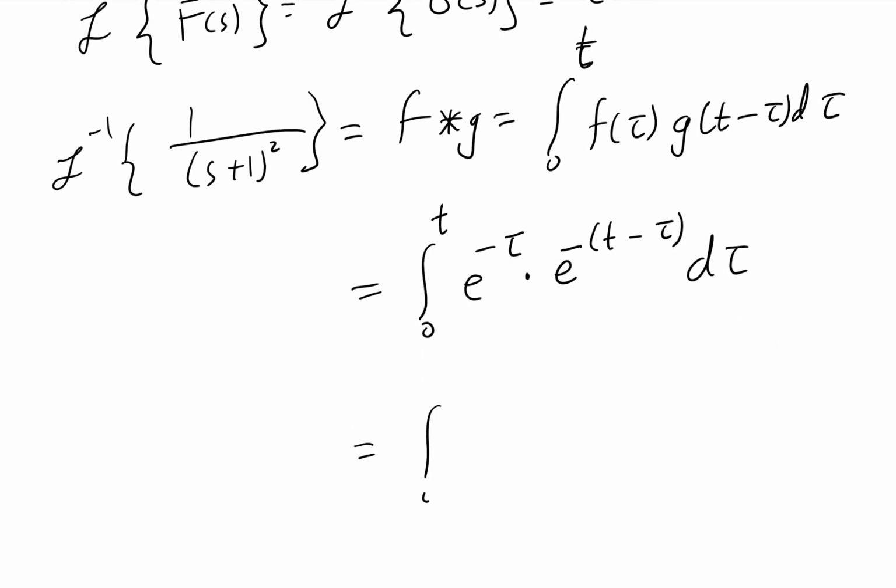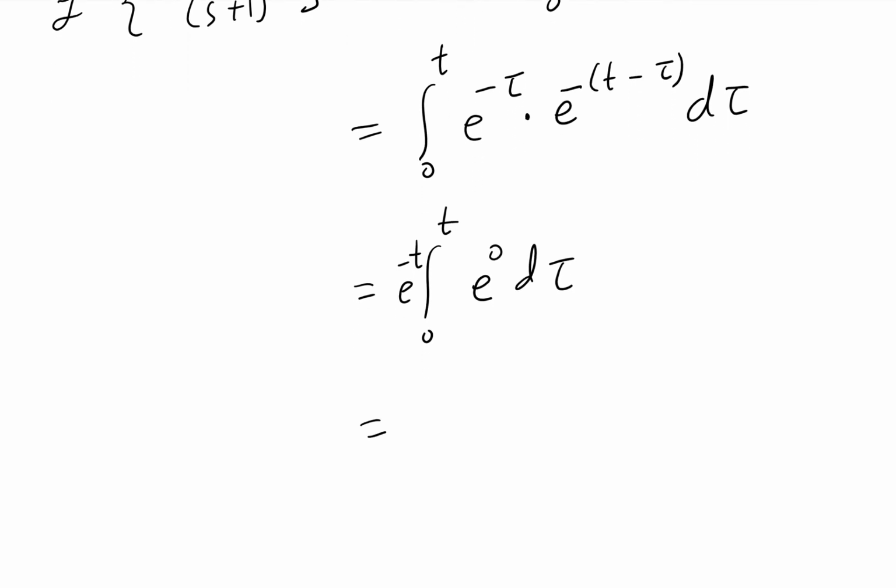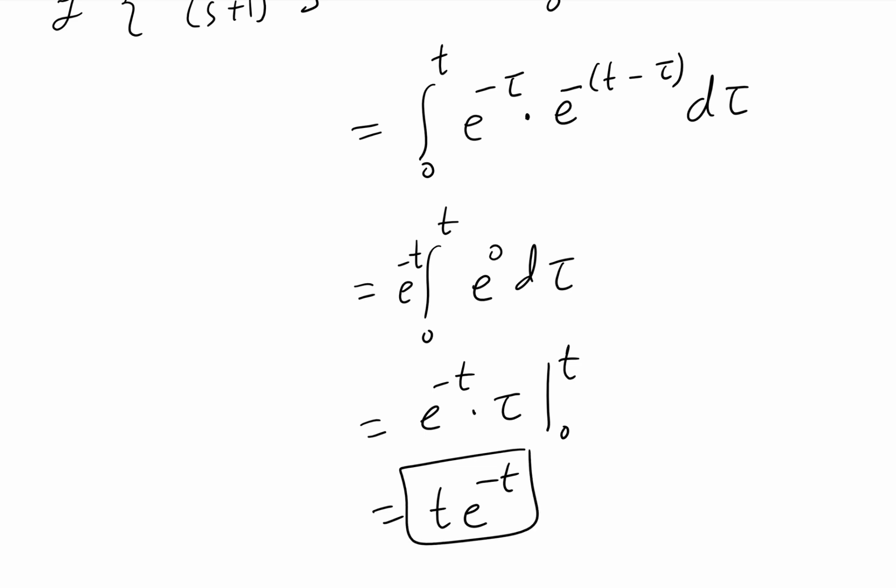When we multiply this out, there's a tau and negative tau, that's a 0, d tau, and e^(negative t) can be outside. So now e^(negative t) times tau from 0 to t. Substitute that in, you get t e^(negative t) minus 0.